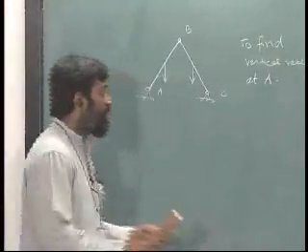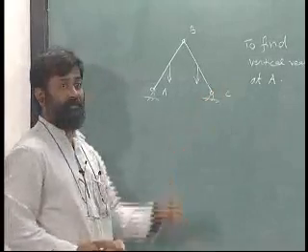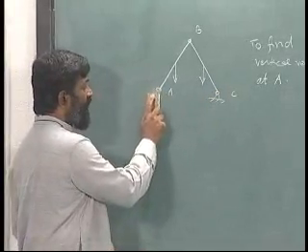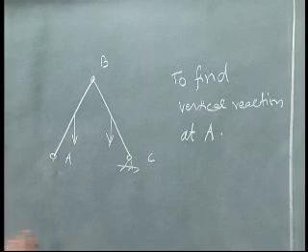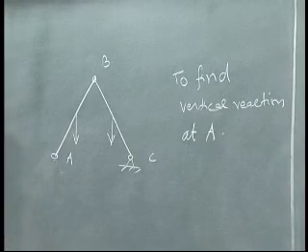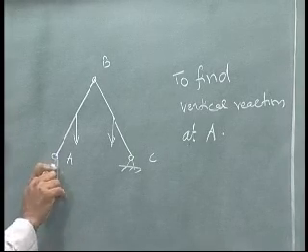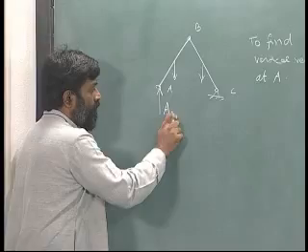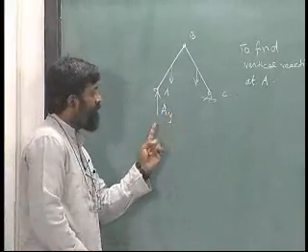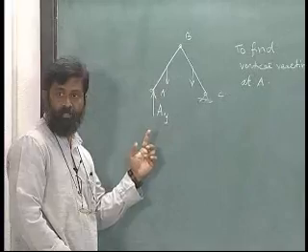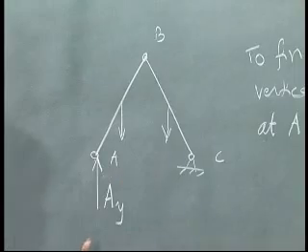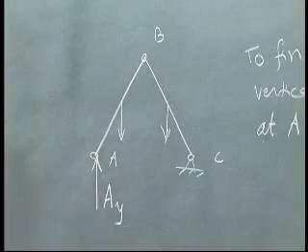Okay. So, what should I do? Naturally, since I need to find out this vertical reaction, I have to release the vertical displacement of A and substitute with the reaction. Mind you, this is a notion that I have inserted. The vertical reaction could be this way or this way.